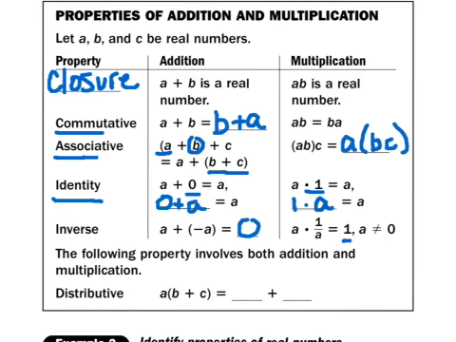The following property involves both addition and multiplication, the distributive property. You learned this in Algebra 1. We could go ahead and multiply A times B and then add A times C. This is an important property because in the order of operations, you learn to always do what's inside the parentheses first, but sometimes we don't have a choice.